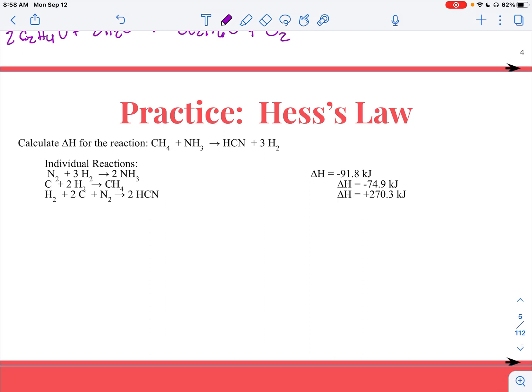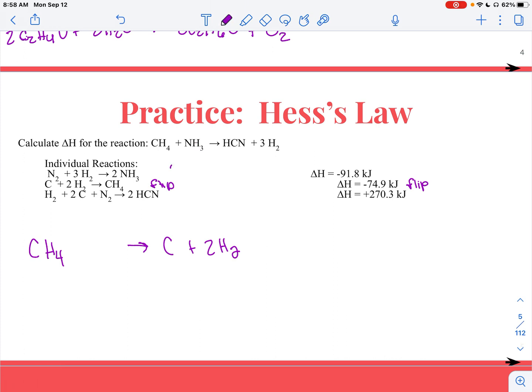Okay, so I'm going to start with CH4. It shows up here and nowhere else in the individual reactions. So this one is going to flip. And since this is far away, I'm just going to write it here to remind me. And then NH3 here and here.